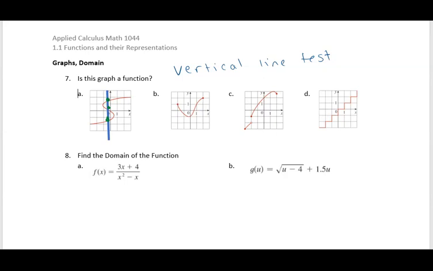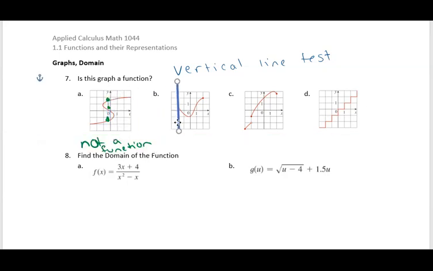We need to have a unique output for every input, which means that if x goes in, only one y value can come out, meaning we cannot have 3 different y values for the same x value. So this graph would not be a function, because our vertical line is crossing our graph in more than one place.